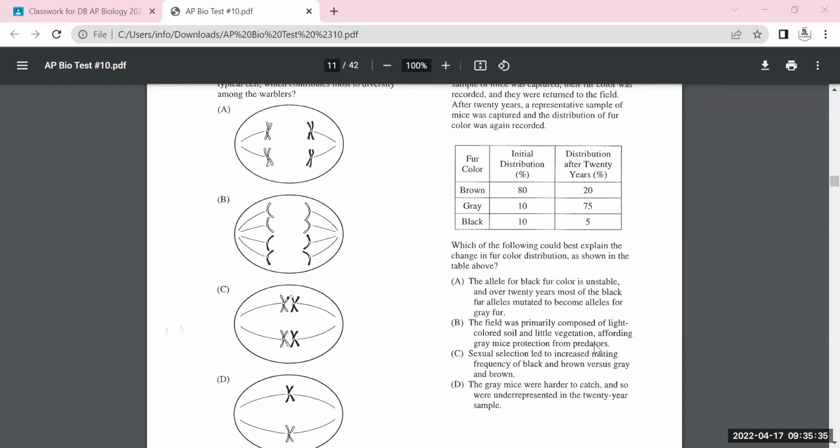If you went from a dirt road, or an environment that was brown, to something closer to gray, then the mice that are closer to gray have a selective advantage. It's easier for them to hide from their predators. So that is possible, and that would explain a change.